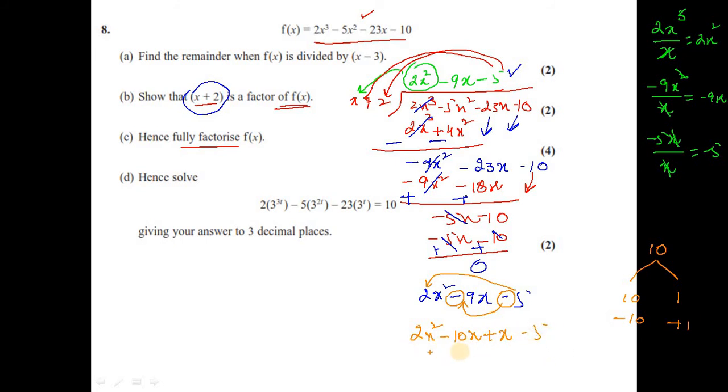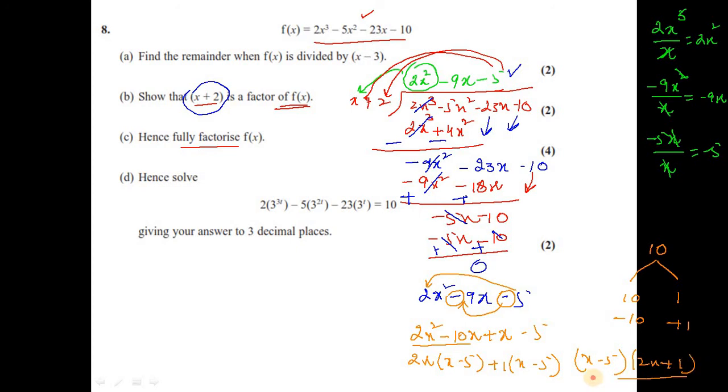Now I have 4 terms. I can take common from the first two. So 2x is common. Inside the bracket I have x minus 5, and from here I will take 1 common. I have x minus 5. Finally I have the factors x minus 5 and 2x plus 1.